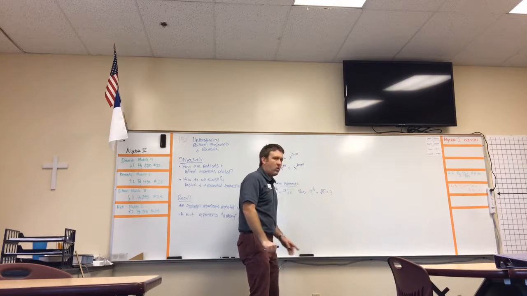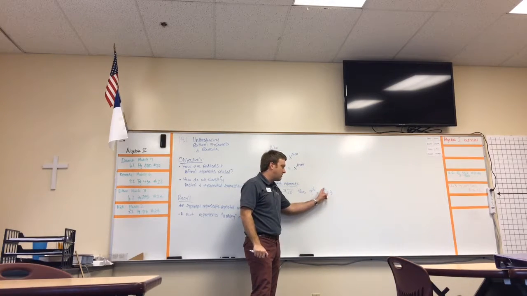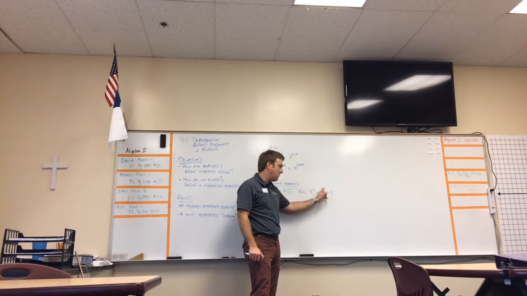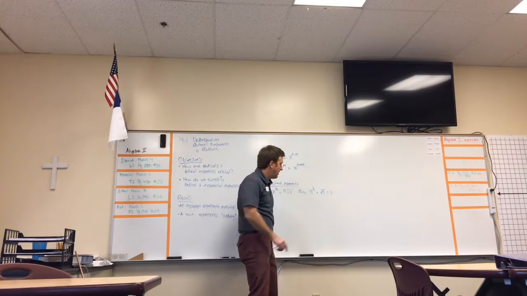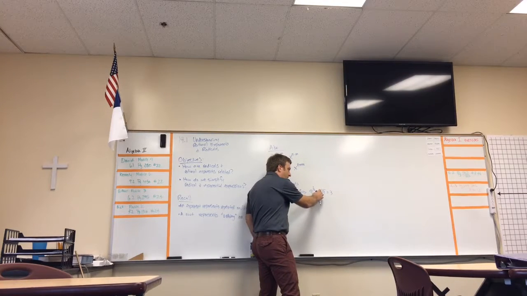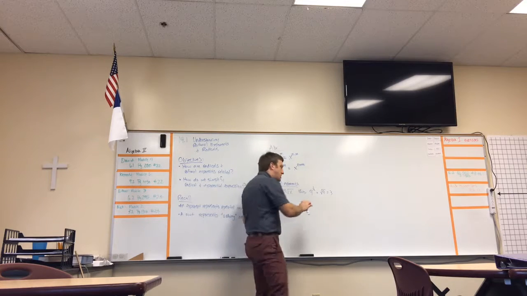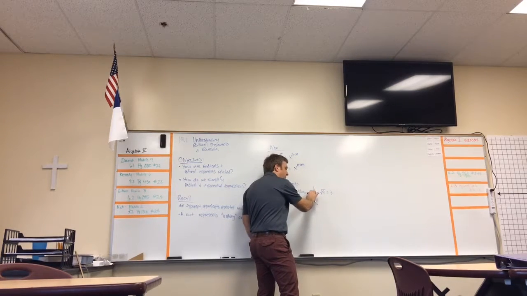Now, this is called a radical symbol. This is called a radicand. What's inside the square root house is called the radicand. The square root house is actually called the radical. And the number that goes here is called the index. When you see no number here, it's an implied 2.